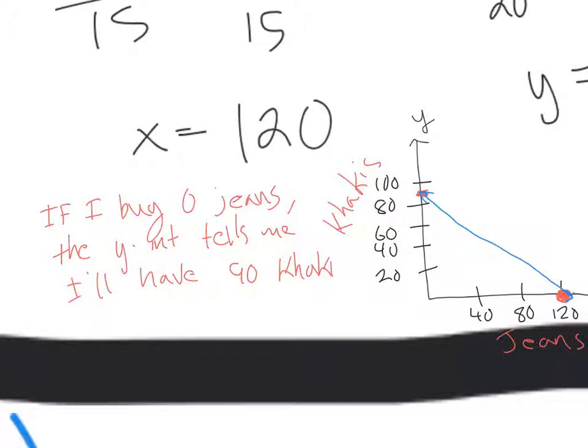Okay, and then you could write one more sentence, and I'll leave that up to you. Go ahead and try to figure out what it means if I buy 0 khakis. How many jeans would I purchase? And see if you can put that in a sentence.